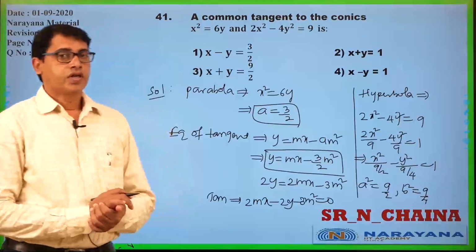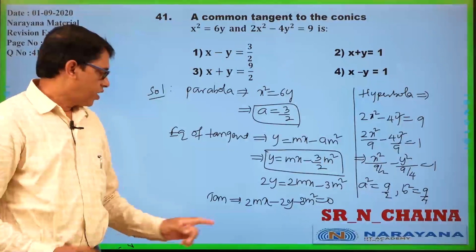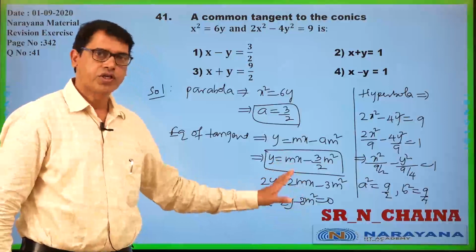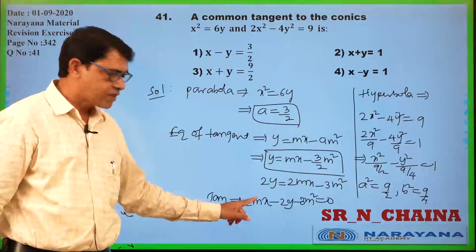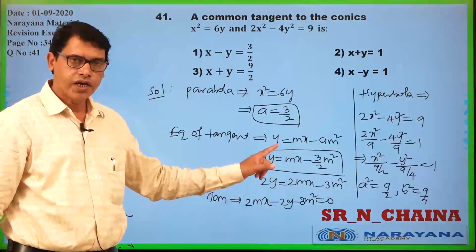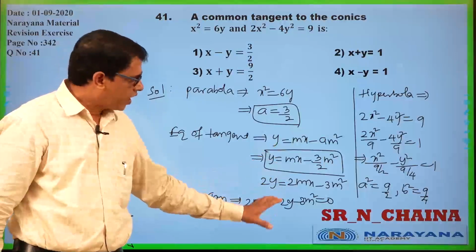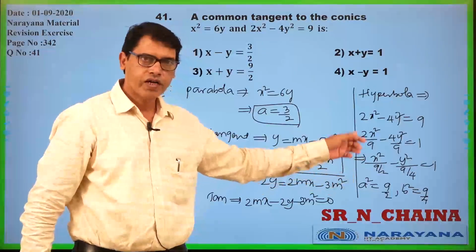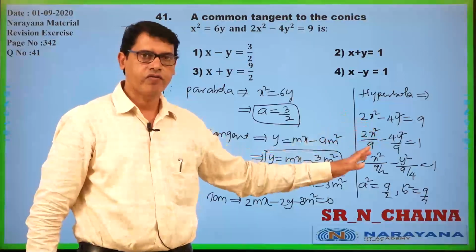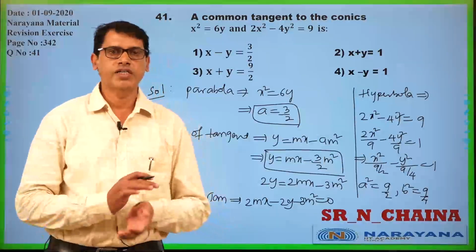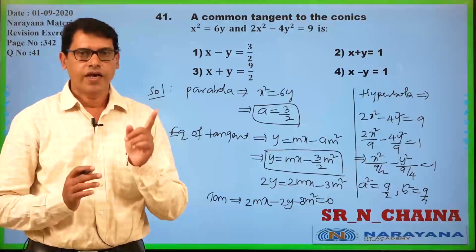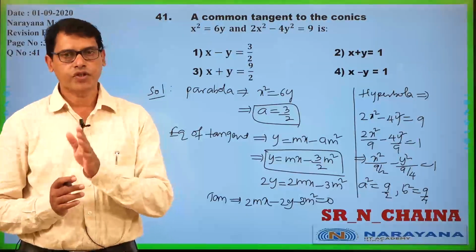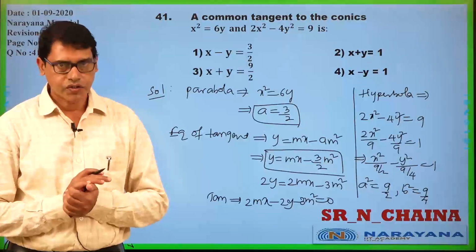Now, just now we did, if Lx plus my plus n is equal to 0 is a tangent to the hyperbola x square by a square minus y square by b square equals 1, then what will be the condition? The condition is a square L square minus b square m square equal to n square.